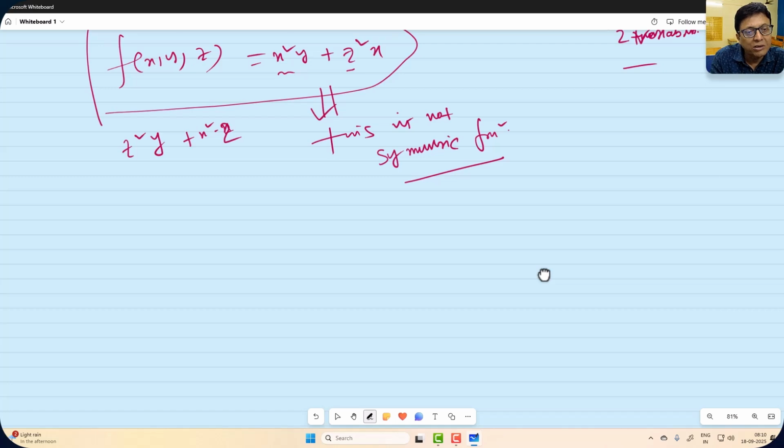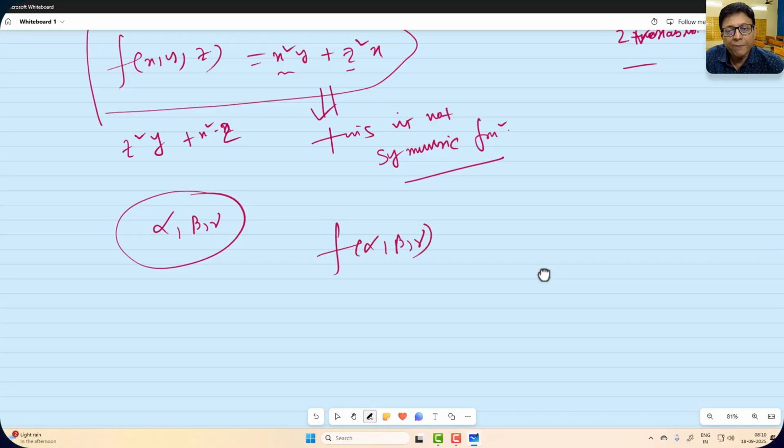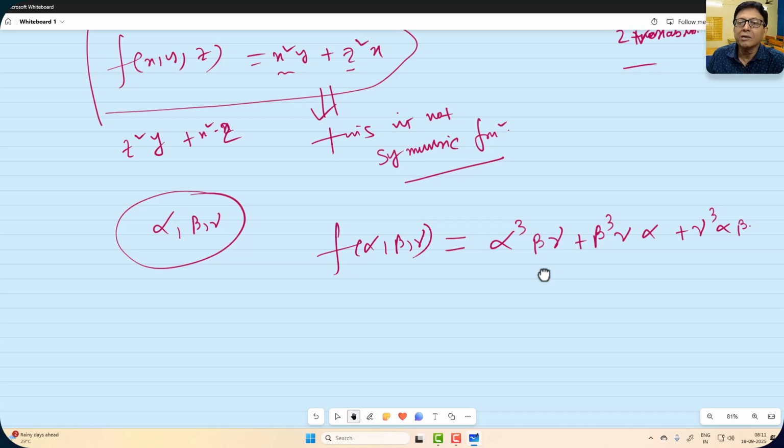In case of roots, suppose we are taking alpha, beta, gamma as the roots. Then if f(alpha, beta, gamma) is going to be, say, alpha cube beta gamma plus beta cube gamma alpha plus gamma cube alpha beta, you interchange any two variables and the expression will remain the same.